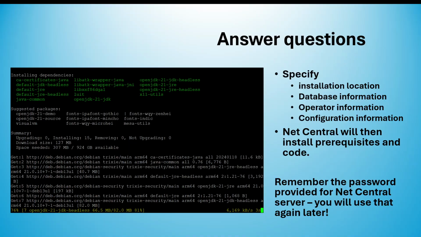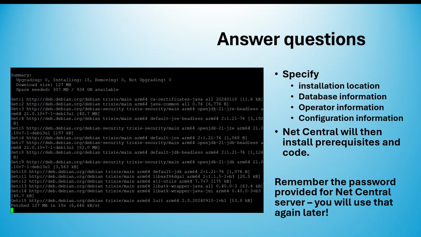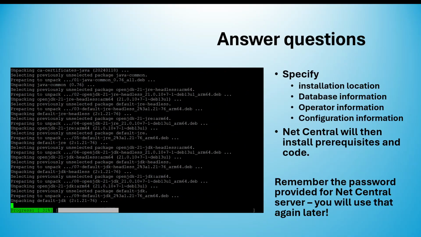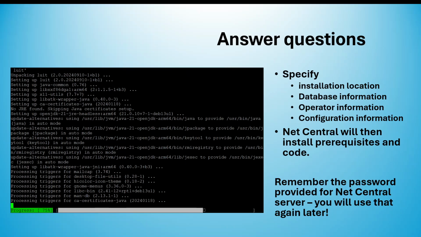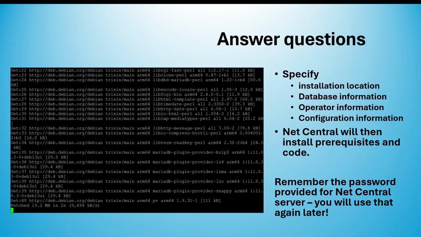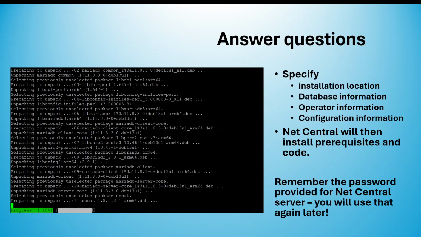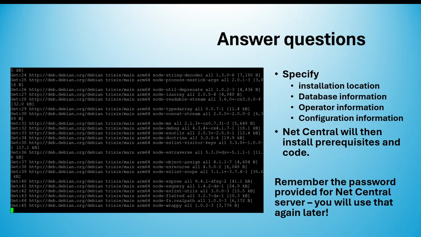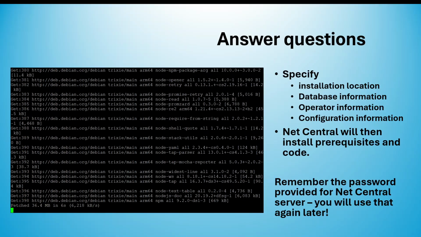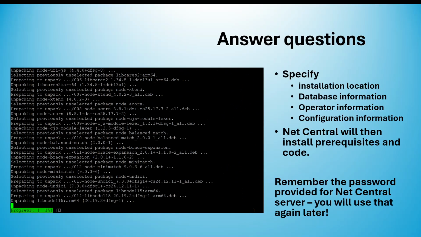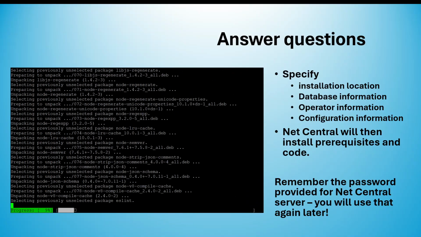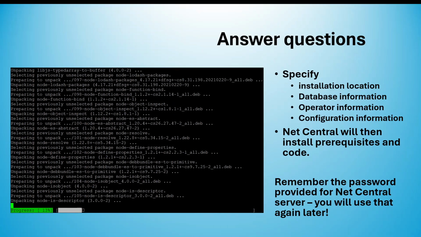It'll do an APT or Yum update to get the latest components on your system, and then it'll start installing various dependencies like the JDK here, now getting into the Maria database so that you have a local database running. Because Node.js is used to implement the web server UI, it also needs to install NPM and a number of components relative to Node.js.